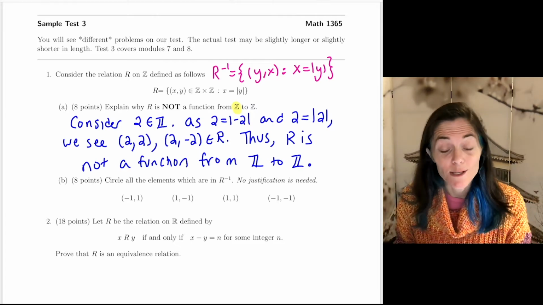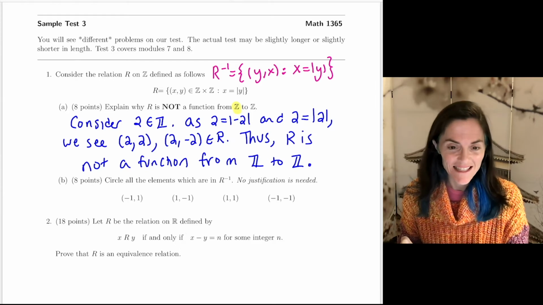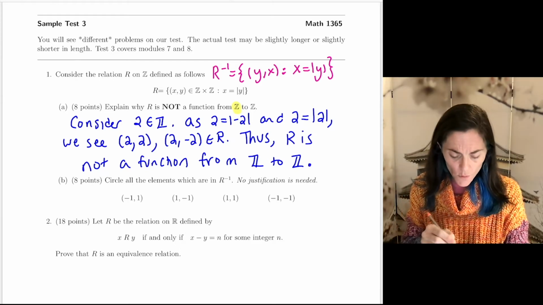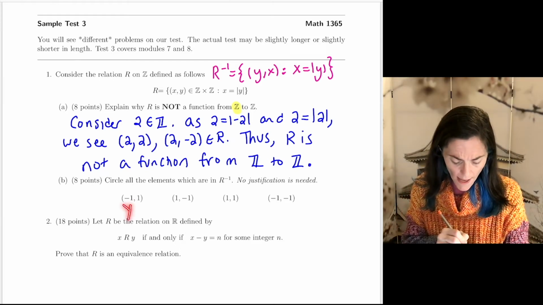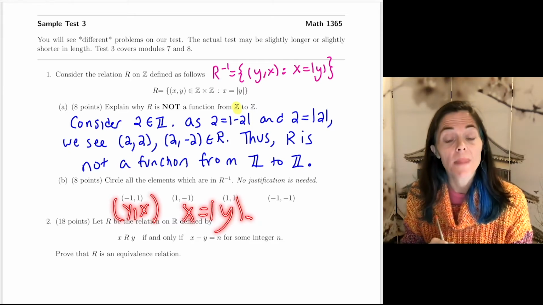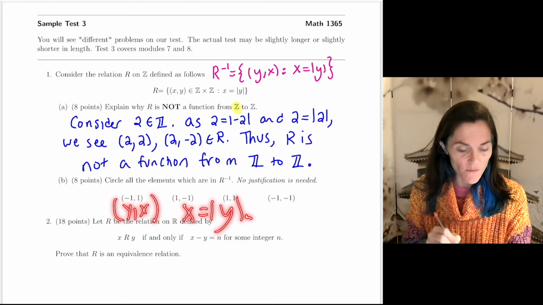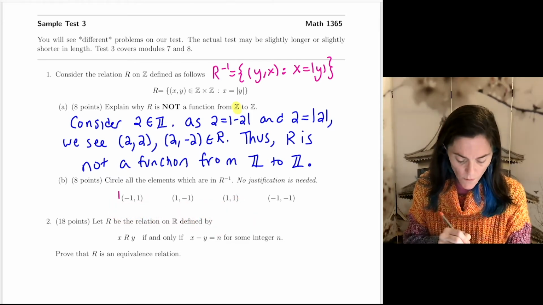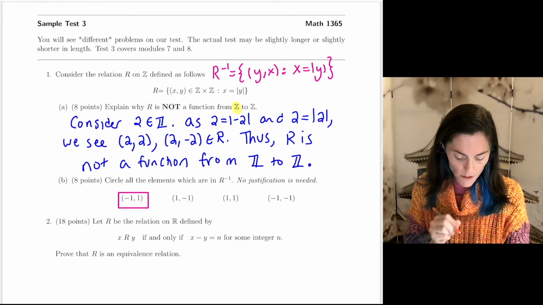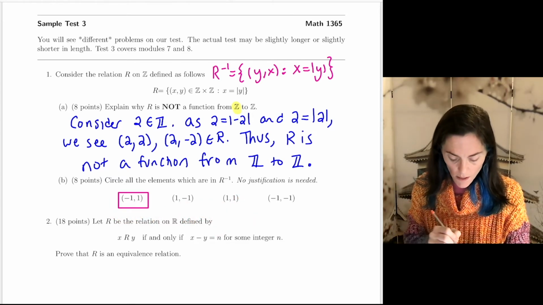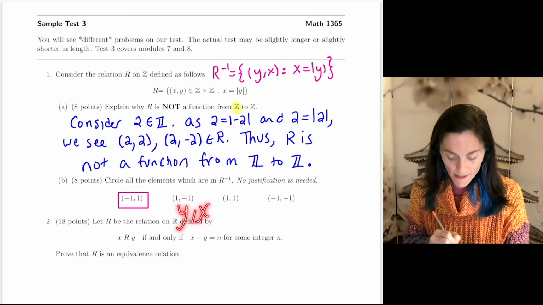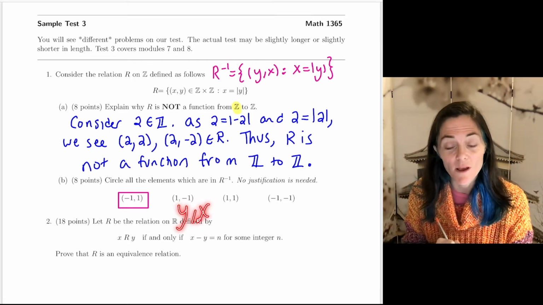Well, now let's go through one by one and see if this is the case. On this first one, is this of the form y x such that x equals absolute value of y? Yeah, 1 is the absolute value of -1. So this one is in our inverse. Now, what about this one? Is this of the form y x such that x is the absolute value of y?